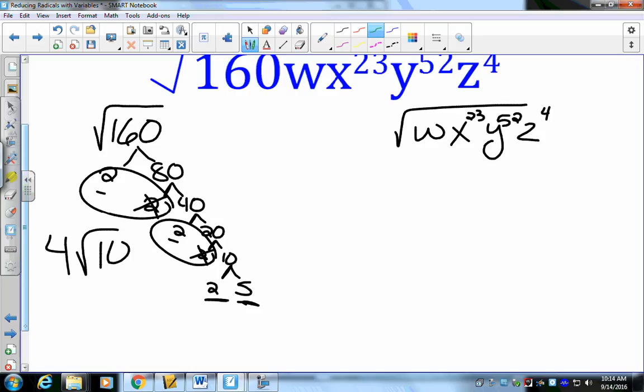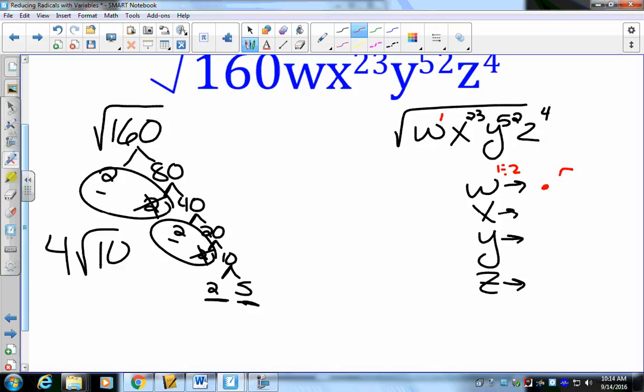All right, so we reduced our numbers and got 4 square root 10. So over here, we've got some letters to take a look at. We've got a w, an x, a y, and a z. For the w, I am doing 1, because that's a 1, divided by 2. And that gives me 0.5.